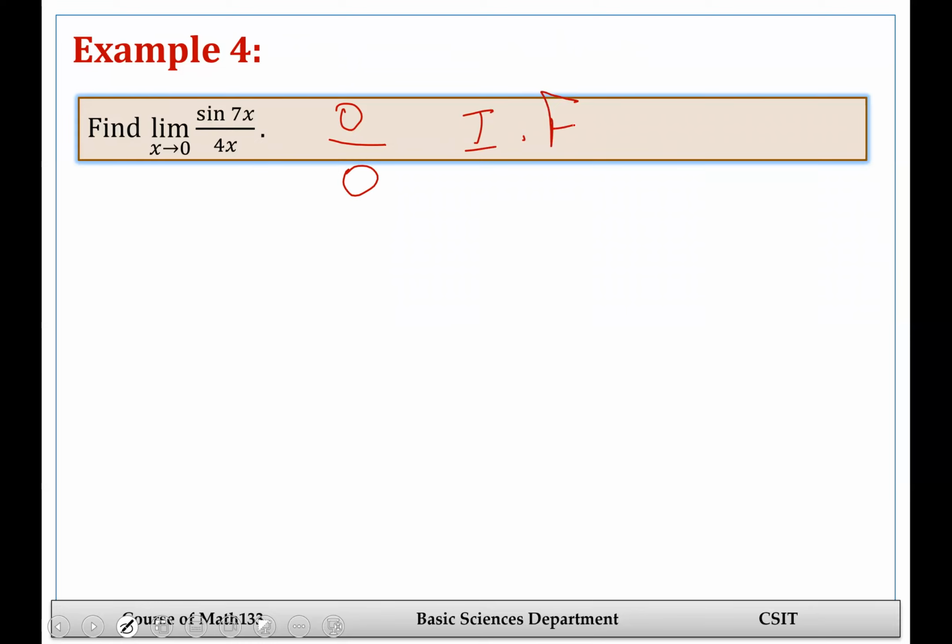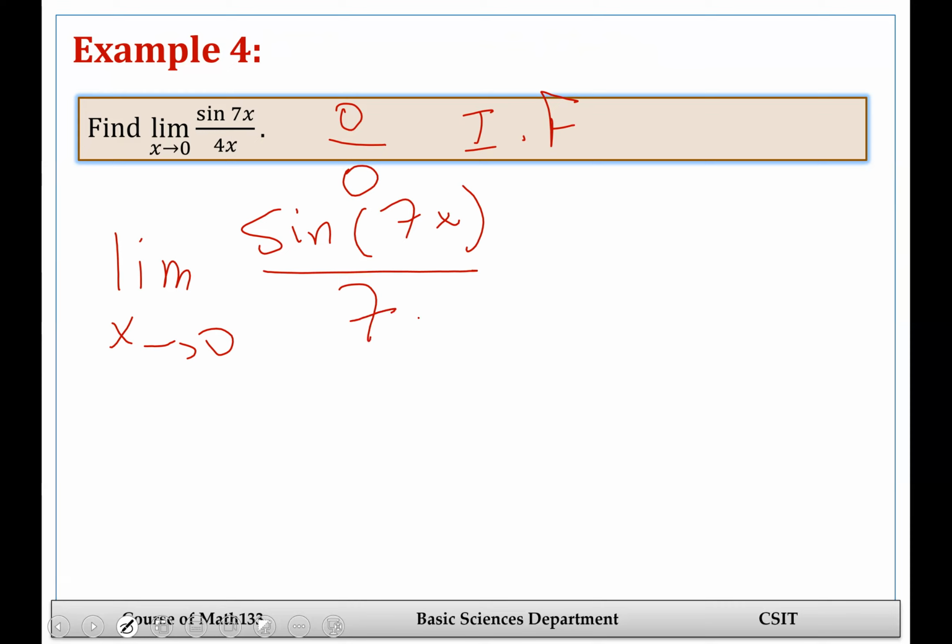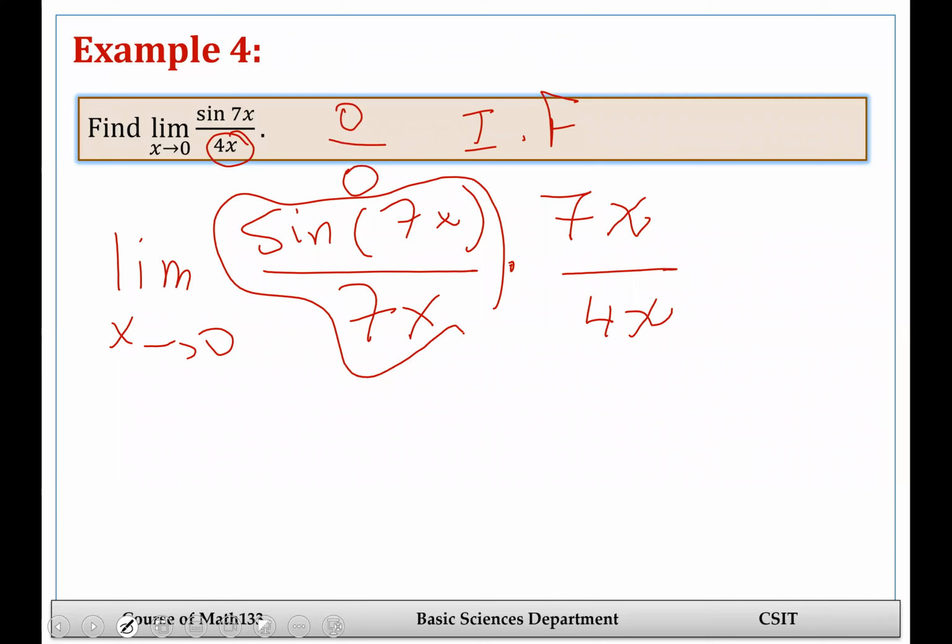So we have to use the rule in the previous slide and write that it is equal to the limit as x approaches 0 of sine 7x, and I need to divide by the same thing to use the previous rule. Since I divided here by 7x, I will multiply to not change the expression, and don't forget that I have over 4x.